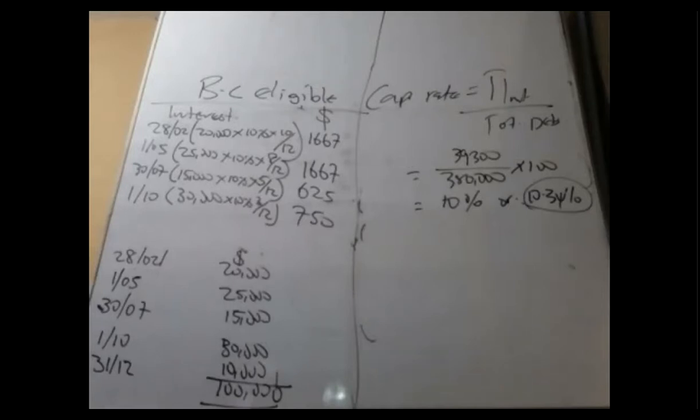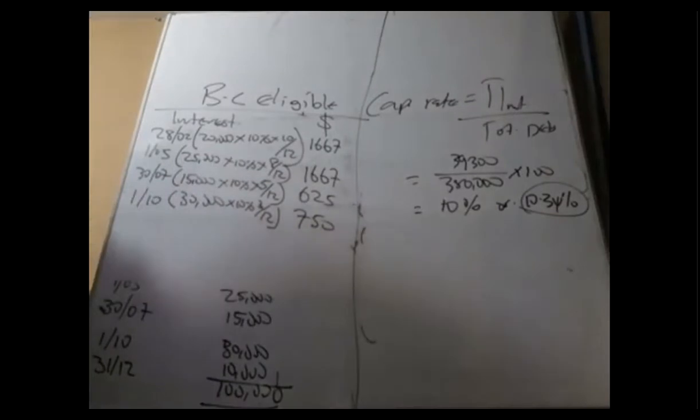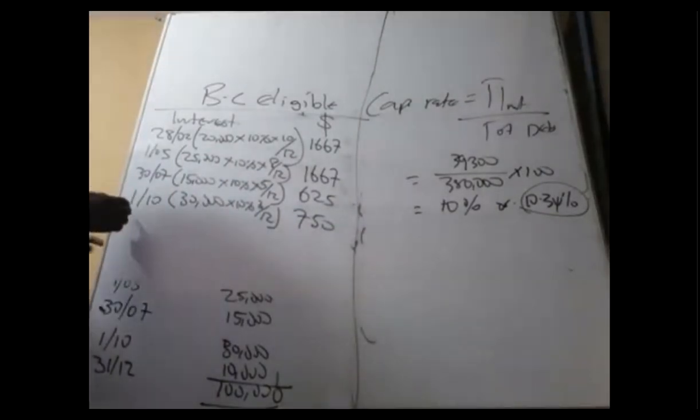Then the last one. Everybody try to take a picture of it. So this is how the last one will be. The last one, the examiner probably picked on 31st December 2019.